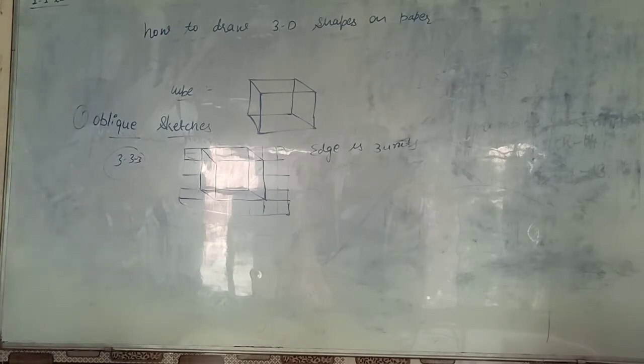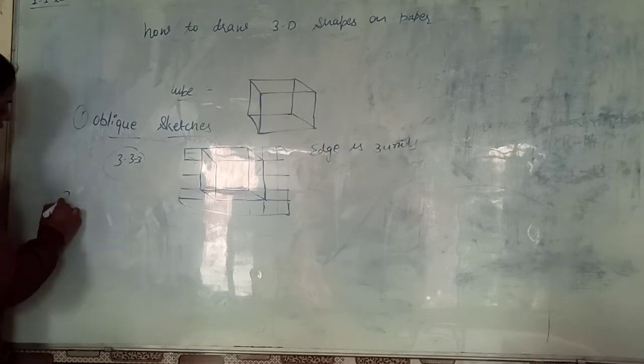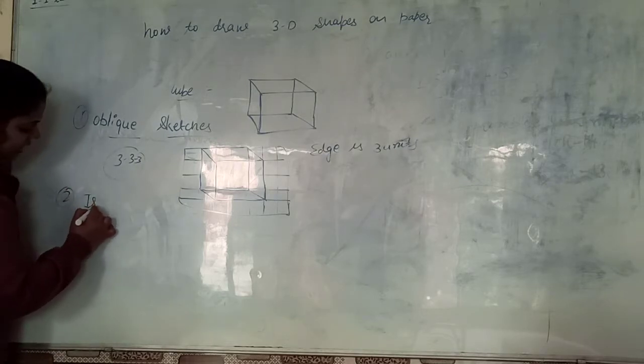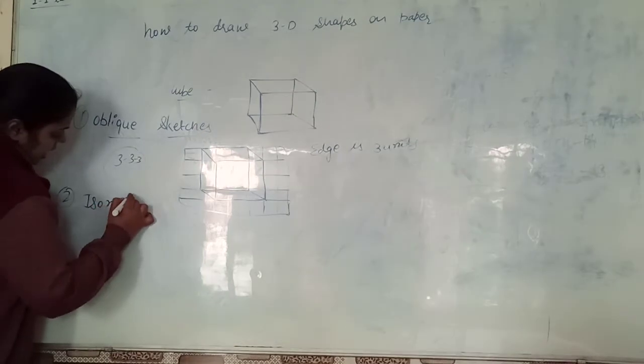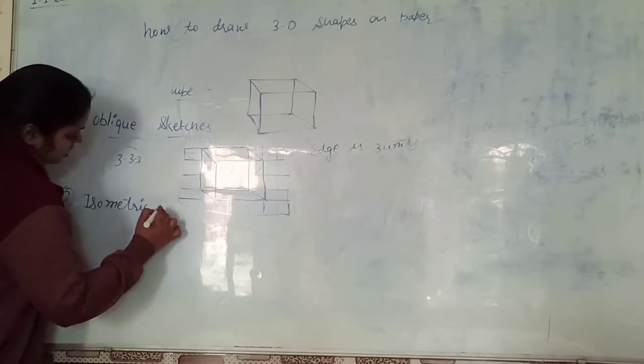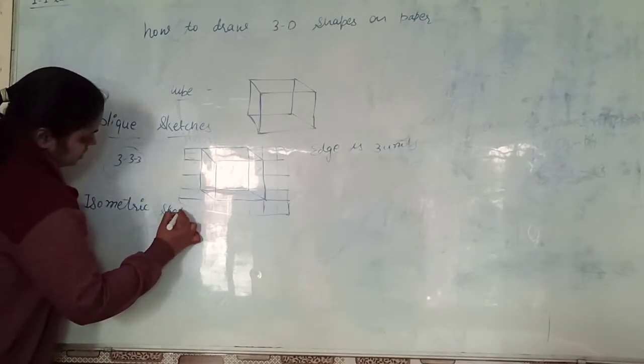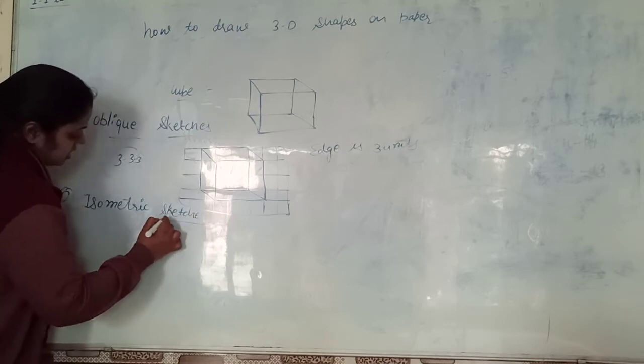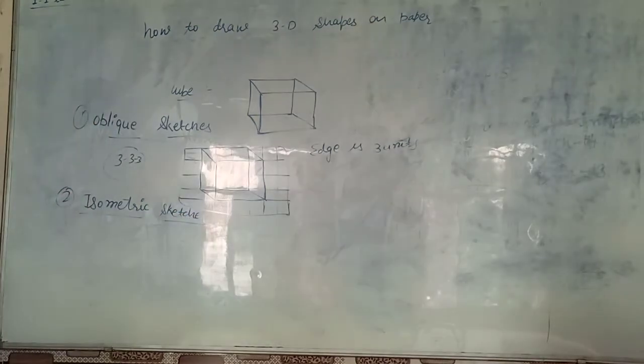Next, second, that is isometric sketches. This is a very important one, and these isometric sketches are drawn on isometric sheets.